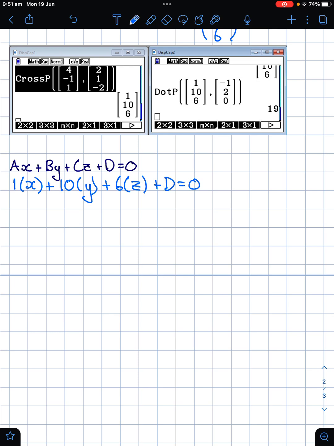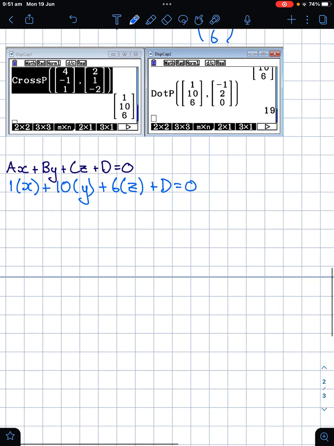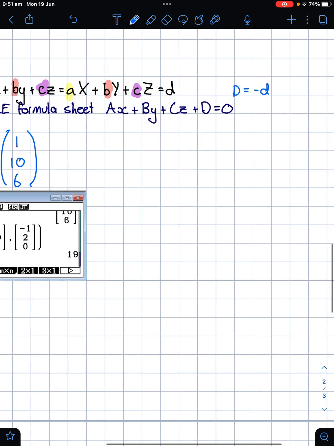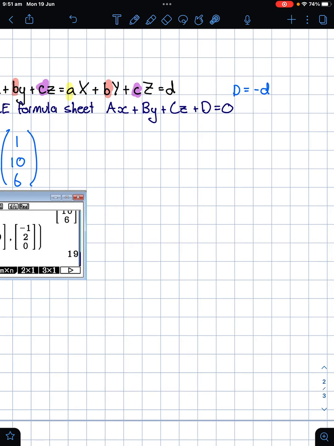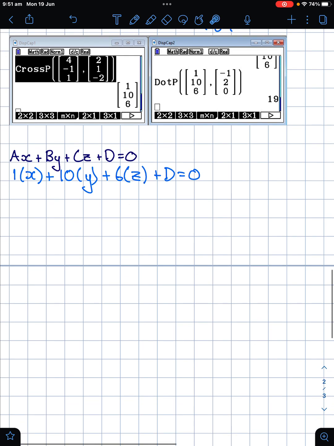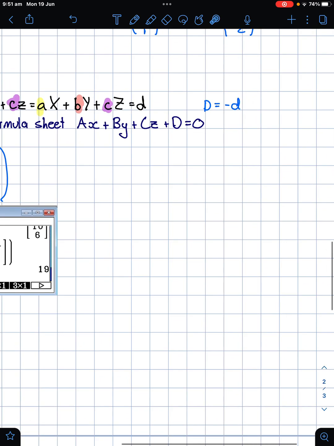Then you've just got to pick a point on the plane to sub in to work out what d is. We still use that to figure out what d is.